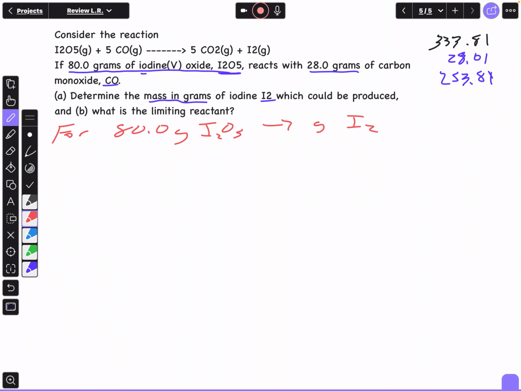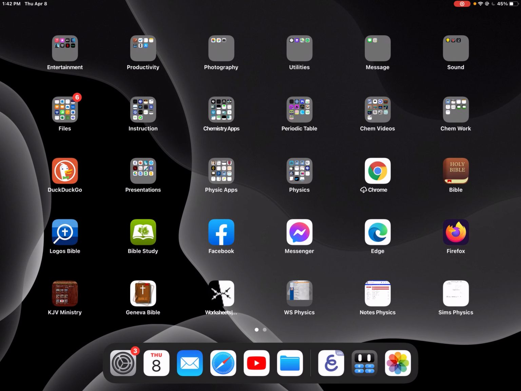So my first step is to simply convert to moles. So I take 80.0 grams of I2O5. Now you'll have to add up the molar mass of I2O5. I've already done that, and it is 333.81.